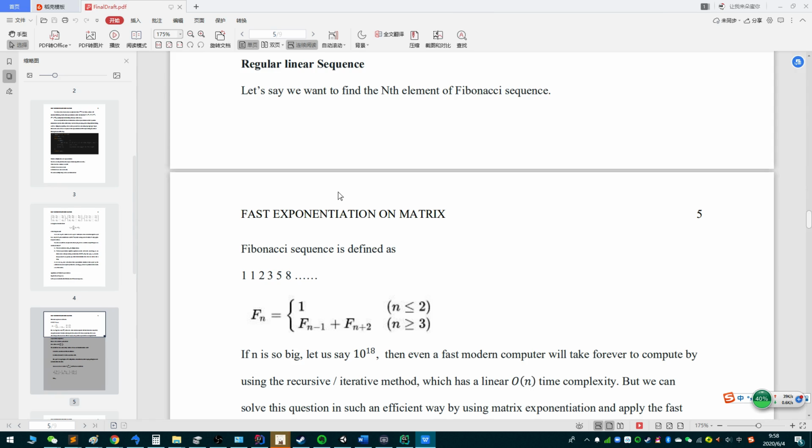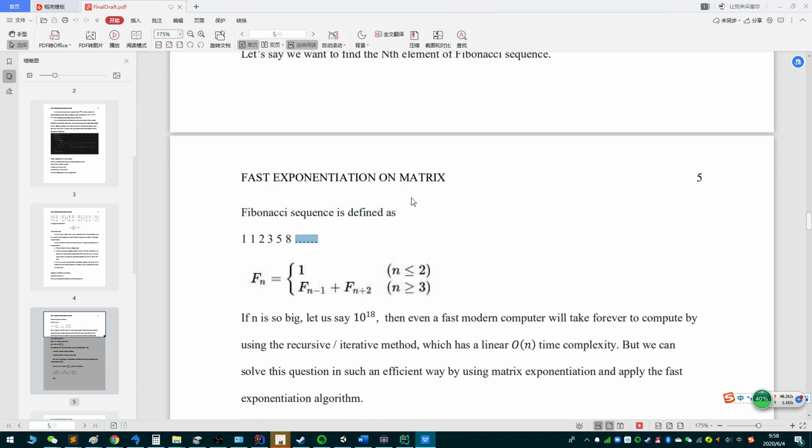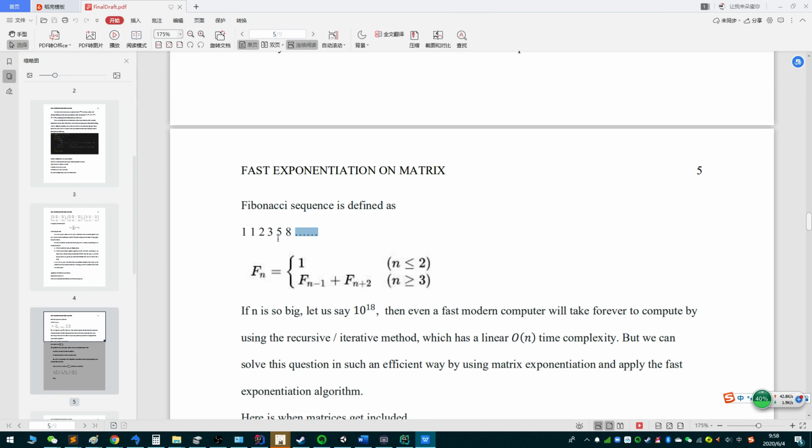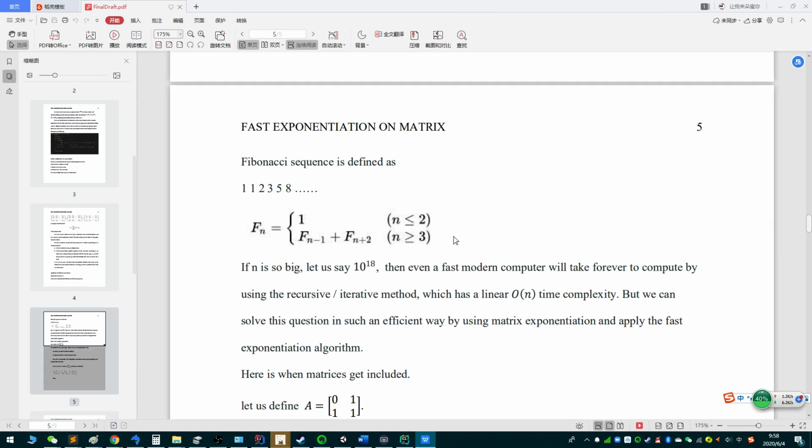I think most of you have already heard of or played with the Fibonacci sequence. It's defined as 1, 1, 2, 3, 5, 8, and so on to infinity. Each element is the sum of the previous two elements. So 2 is the sum of 1 and 1, 3 is the sum of 1 and 2, 5 is the sum of 2 and 3, and the formula is like this.